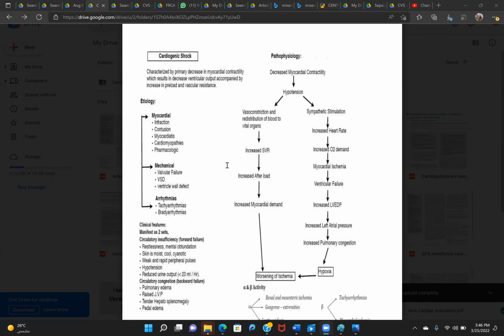Usually that will be the main factor. Or it may be because of cardiomyopathy, or, for example, myocarditis, where a viral infection can lead to failure.